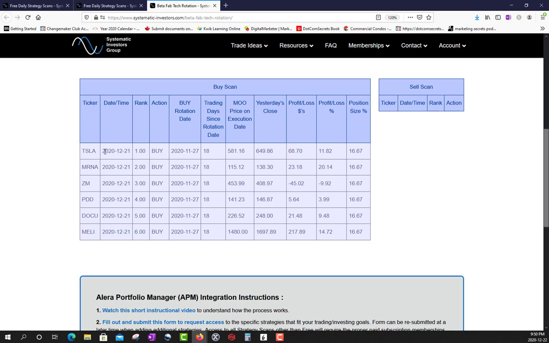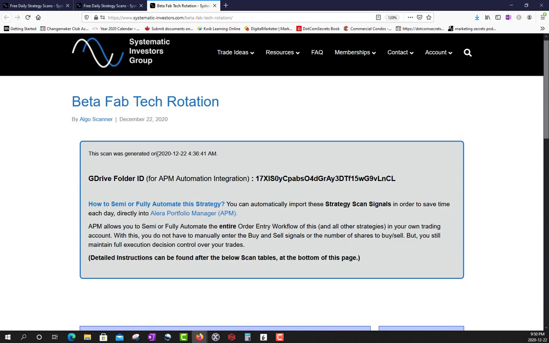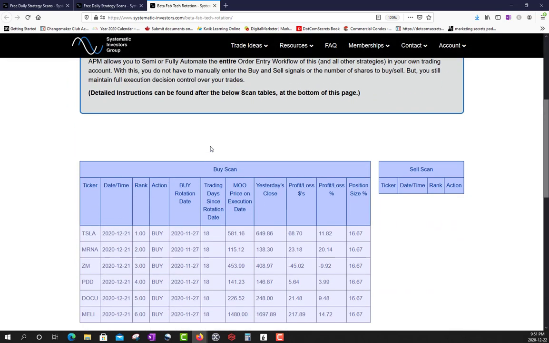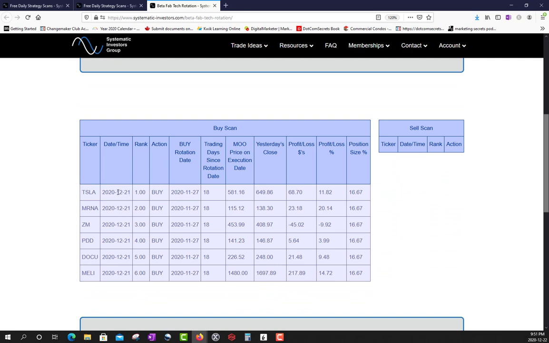Now, the date and time is the date and time of the day before the last strategy scan. So you can see this strategy scan was generated on the 22nd of December 2020, really early in the morning, so that you know it's available before you need to act on it in the market each day.